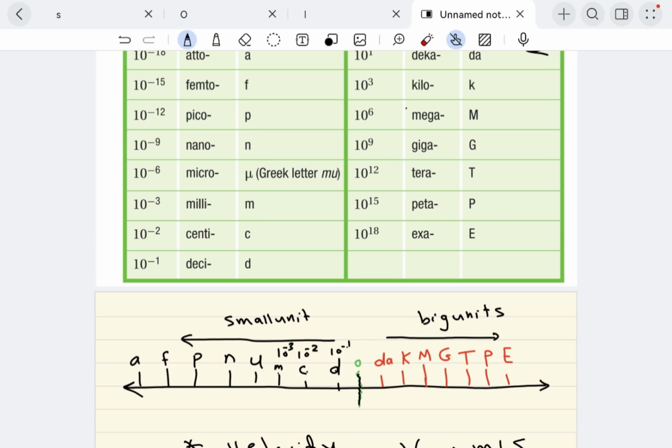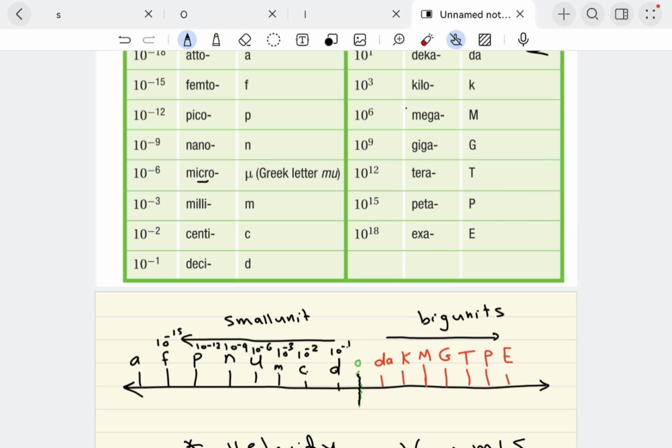Then I start to increase each one by 3. So now I have micrometer, which is 10 to the power of minus 6. Then nanometer, increased by 3, so 10 to the power of minus 9. Then picometer, 10 to the power of minus 12. And then femtometer, for example, is 10 to the power of minus 15.